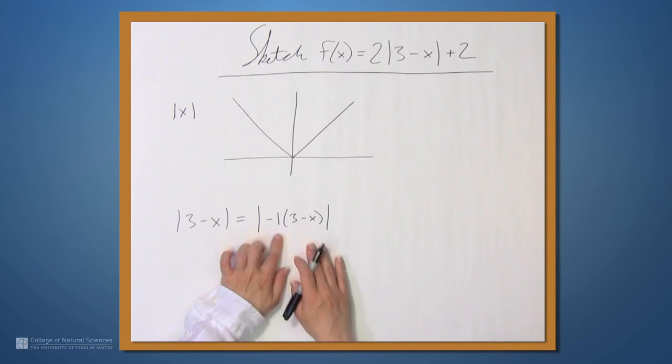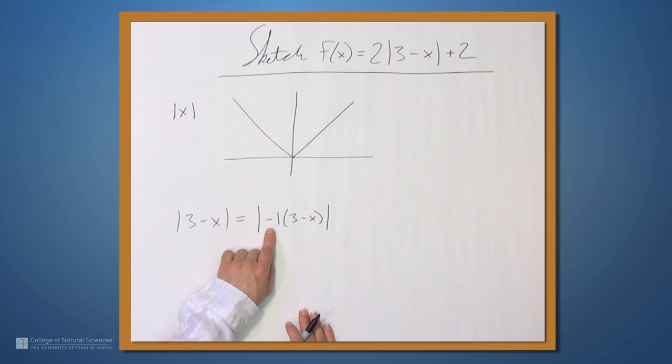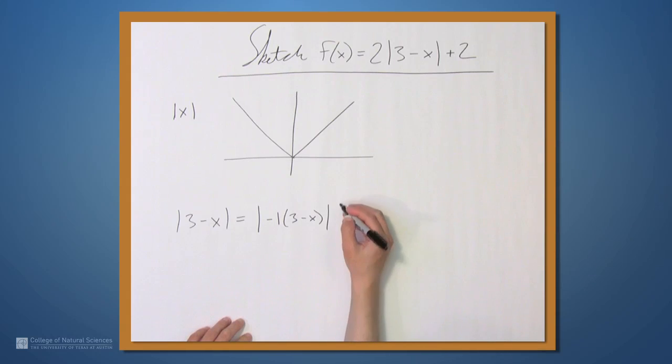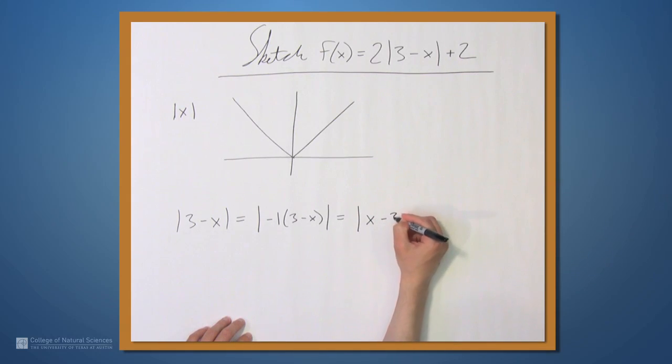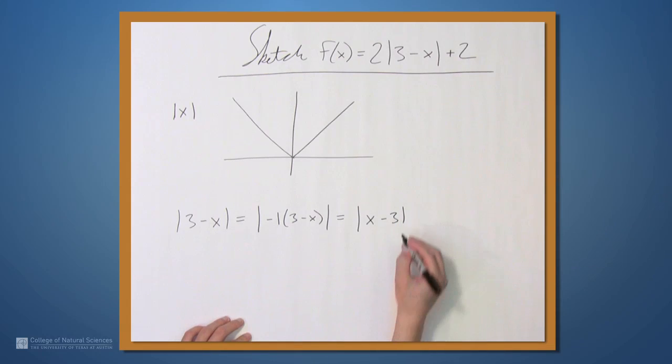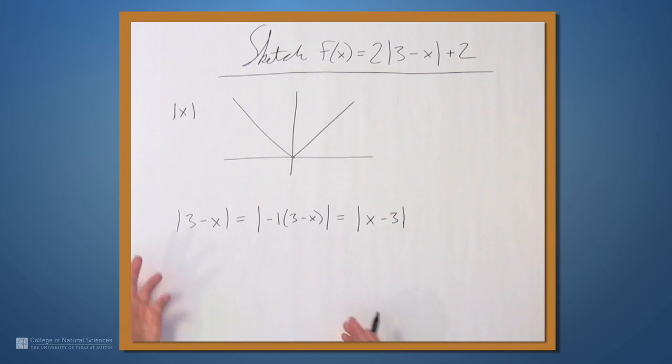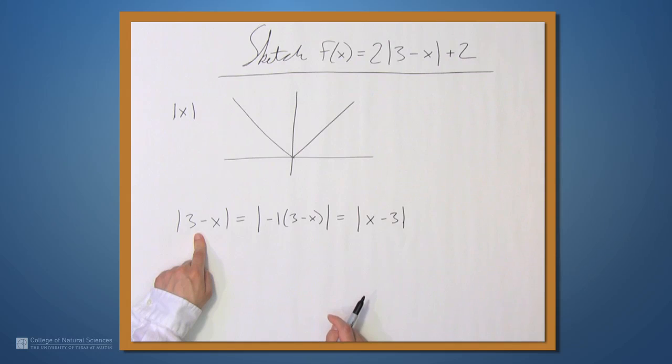So if you multiply this whole thing by negative 1 inside the absolute value, it has no effect. But we can now rewrite this as the absolute value of x minus 3. Now there's no mathematical reason to do this. Absolute value of 3 minus x is the same as the absolute value of x minus 3. But I find this a little bit easier to look at than this. So that's why I do that here.